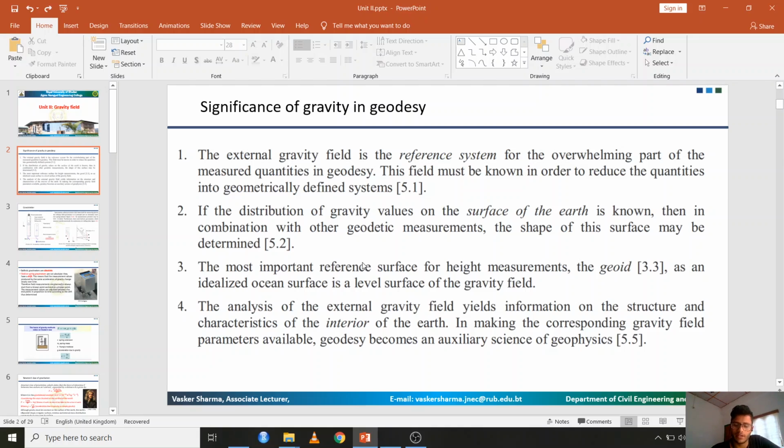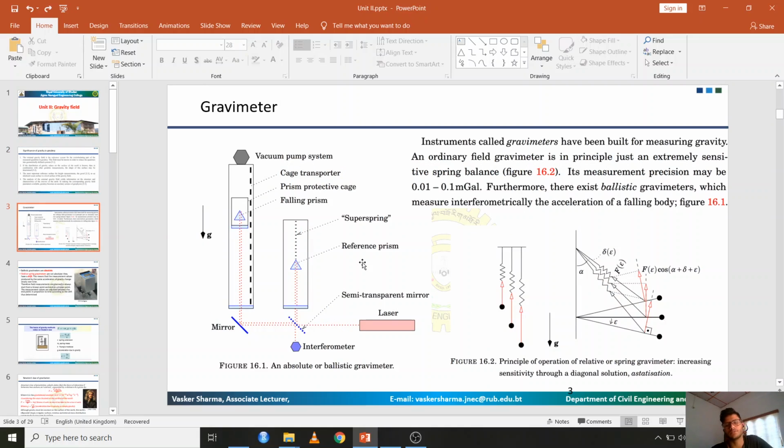There are certain devices that use the functions of springs to measure the gravity. The instrument that measures the gravity is known as a gravimeter, wherein the instrument is fitted with some kind of spring inside, and the deformation in the spring highlights the gravitational pull of the earth.